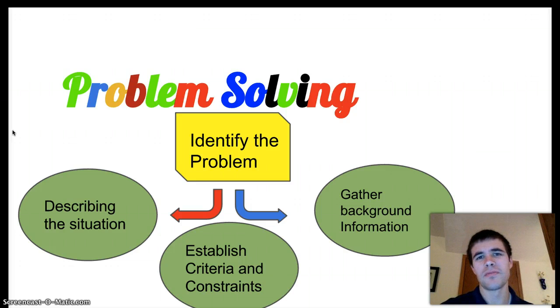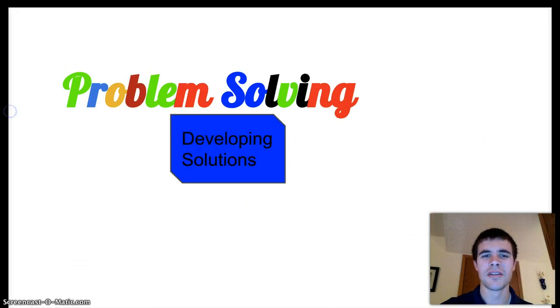If I'm going to launch a rocket into space, a toy rocket, I'm going to have to know the rules and regulations so I don't hit a plane. There's just all kinds of rules and regulations that are criteria and constraints that we need to understand before we move on with the problem-solving process.